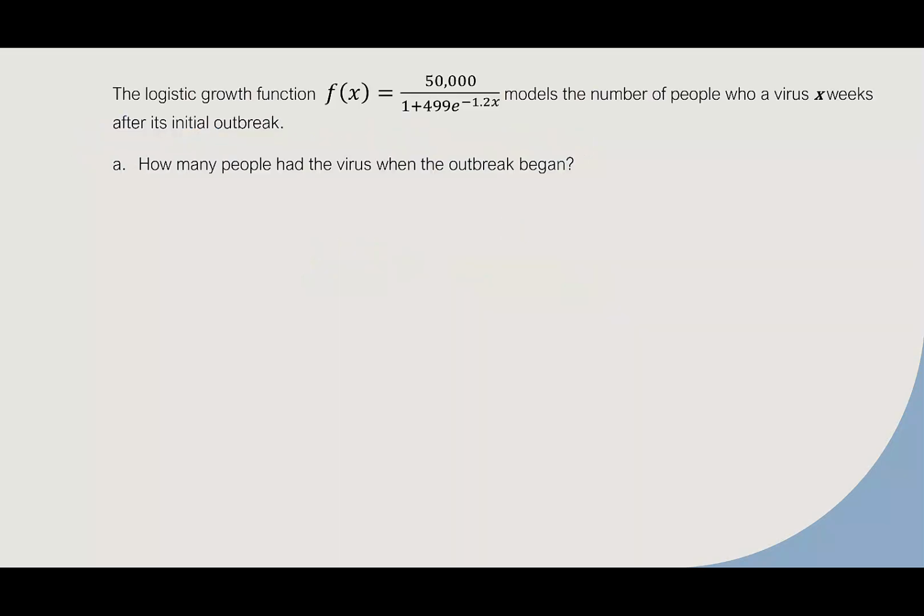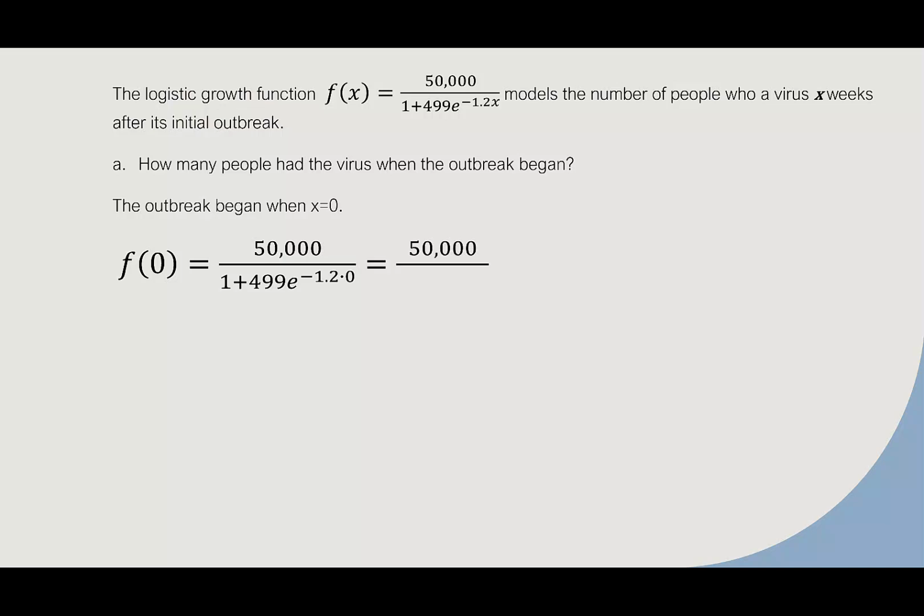The logistic growth function f of x is 50,000 over 1 plus 499 e to the negative 1.2x models the number of people who have a virus x weeks after its initial outbreak. To start, let's figure out how many people had the virus when the outbreak began. This corresponds to when x is equal to 0. We'll plug 0 into f of x, which gives us 50,000 over 1 plus 499 e to the negative 1.2 times 0.